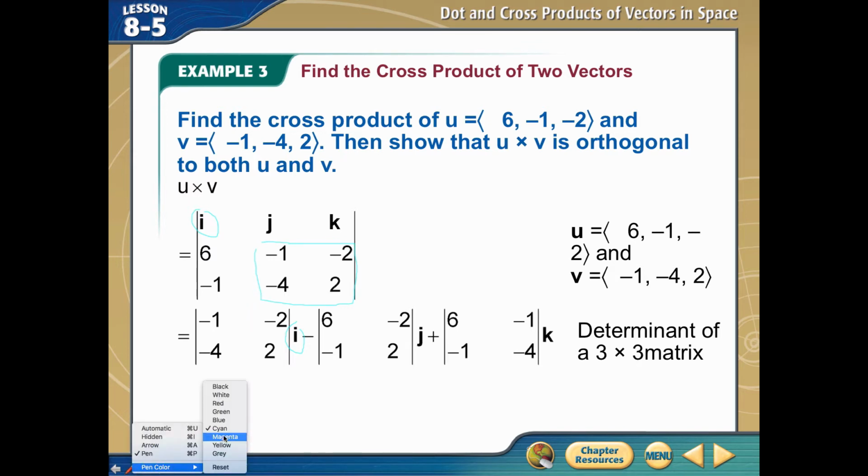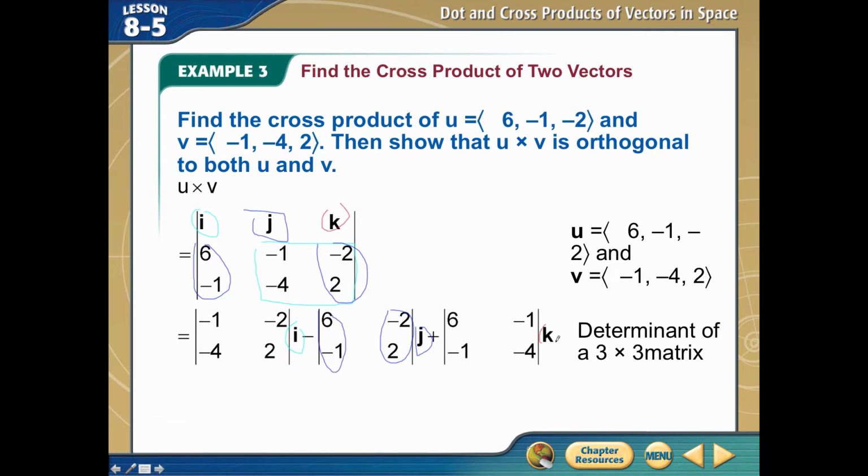When you take J and you're putting it into this matrix, you take 6 and negative 1, put them down here, negative 2 and 2, put them down here, and then when you take K and put it over here, you guessed it, you take these 4 terms and you put them over here. So that's how you set up the matrix.